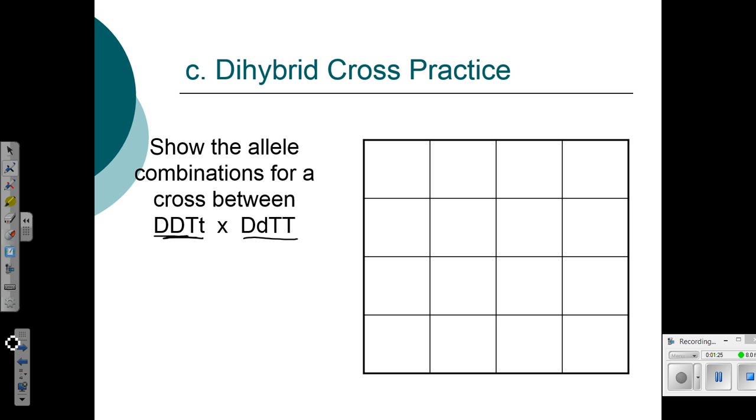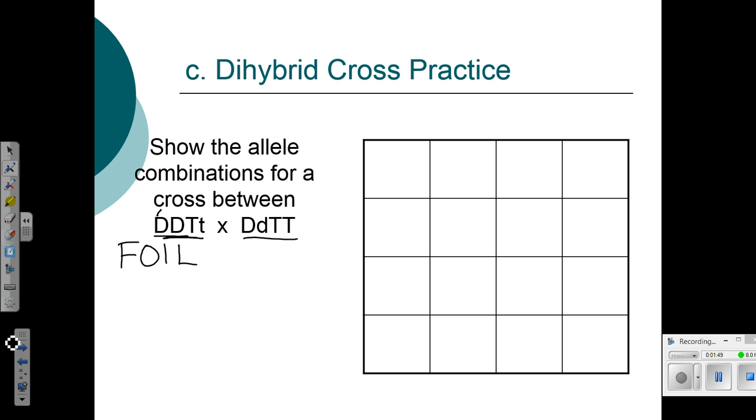Okay, so the first thing you need to do is remember the FOIL method from algebra. So FOIL stands for first, outside, inside, last. So what we're going to do is we're going to take our letters and we're going to FOIL them. So, for example, our first combo, we're going to take the first of each letter set.